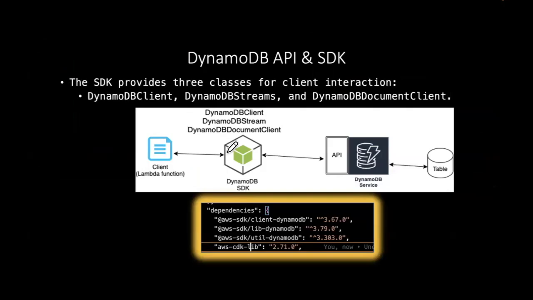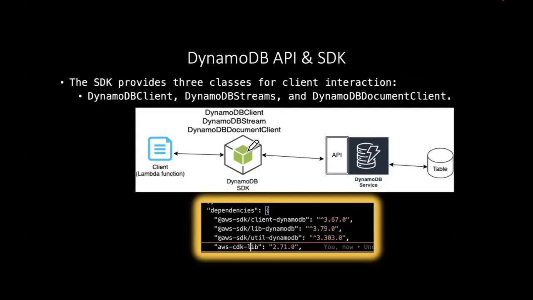Now, ultimately, we will want to manipulate our database, and in our case, manipulate it from a Lambda function. So what I'm saying here is that DynamoDB, just like every other service, has a web API interface and it has an SDK that facilitates communicating with the API.